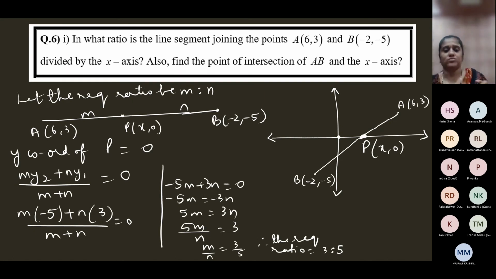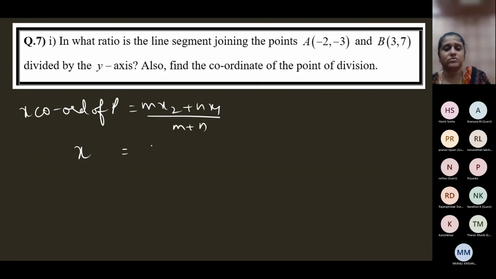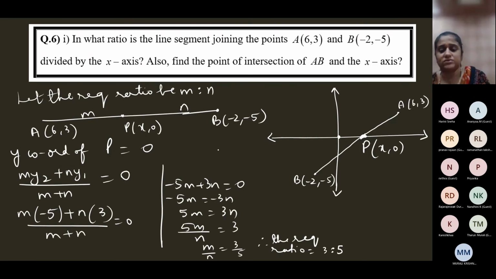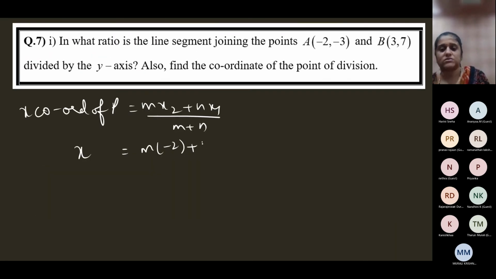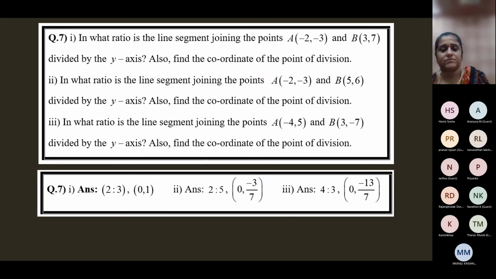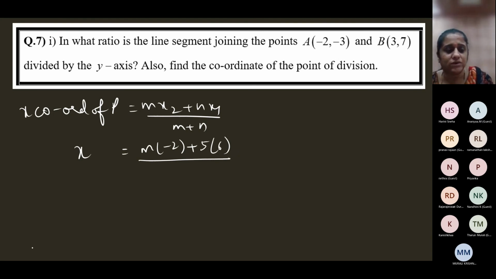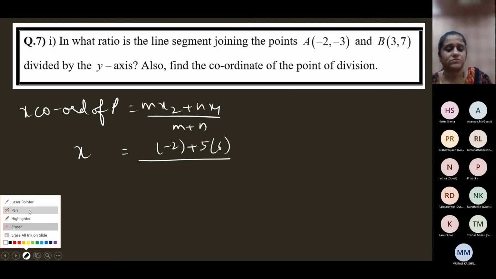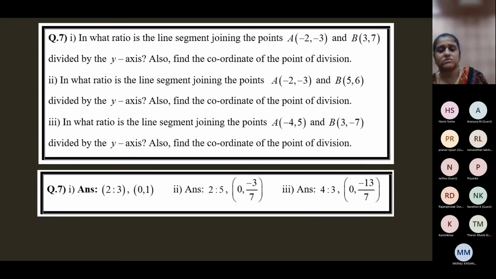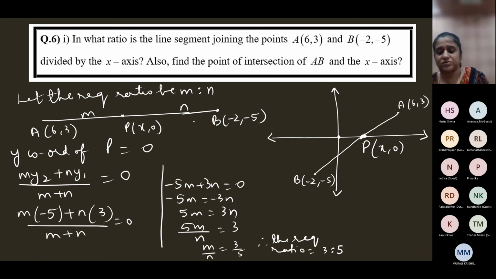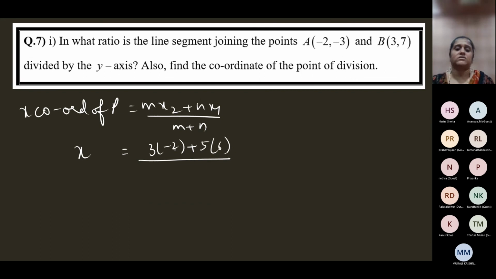So 3 into minus 2 plus 5 into 6 by 3 plus 5.